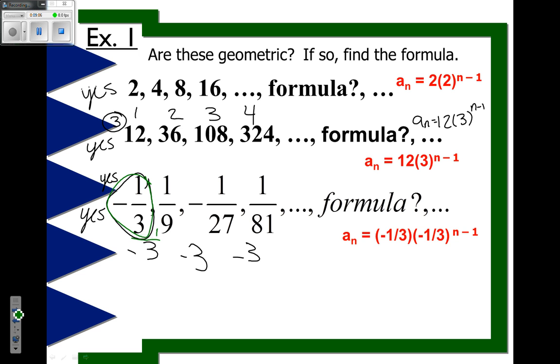Now, I'm going to go ahead and simplify this to 1 and 3. So I have 1 times negative 1, 3 times 1, 3. You could also have done this in your calculator, and it would have given you the same answer. So negative 1/3 goes in for r, and then I have n minus 1.